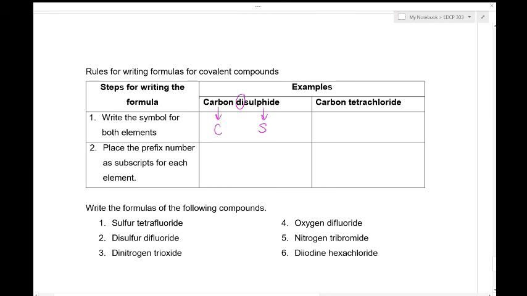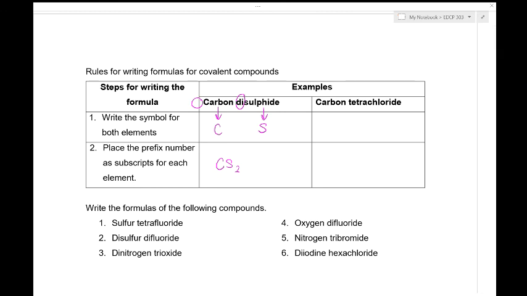Because carbon has nothing, we could simply assume that is a 1. And sulfur is di, therefore there are 2 sulfur. Now keep in mind, we don't write 1, so I'm just going to erase 1 here. And our final answer is CS2.